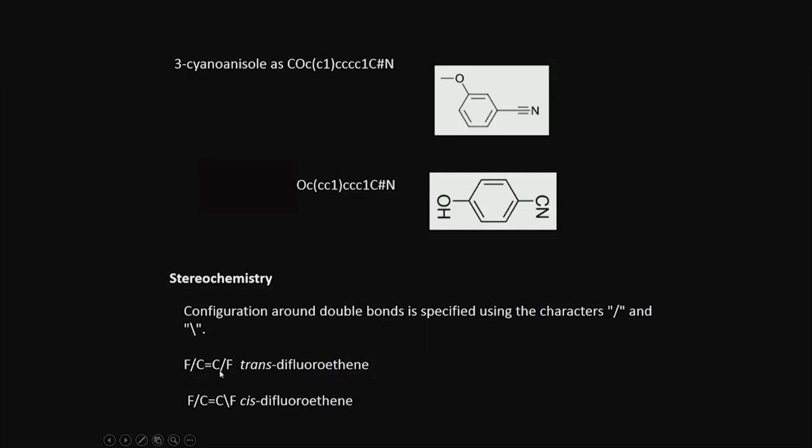So, if I put like this, it means trans difluoroethene, that means these F and F are in the trans form. Okay. If I put like this, that means the F and F are in the cis form.